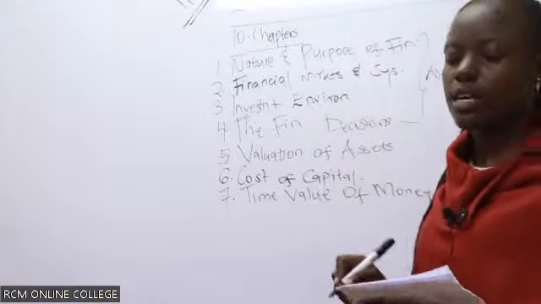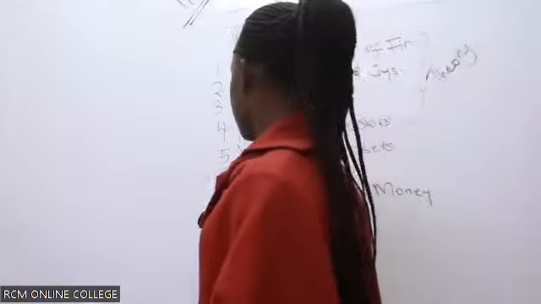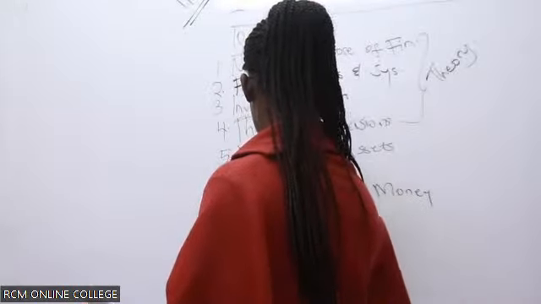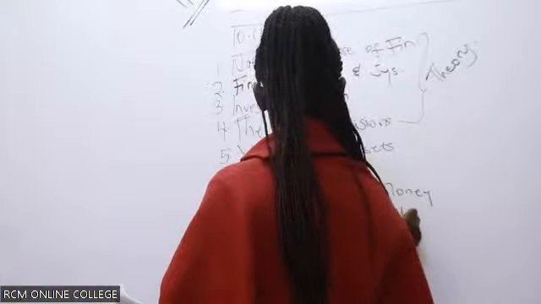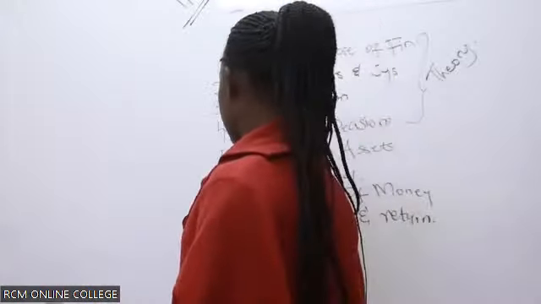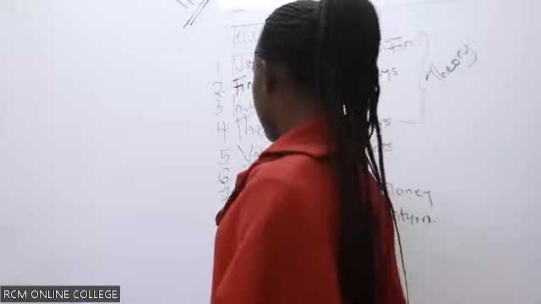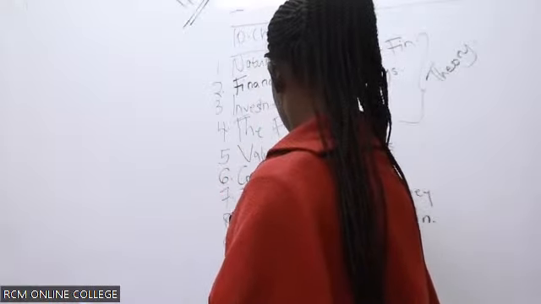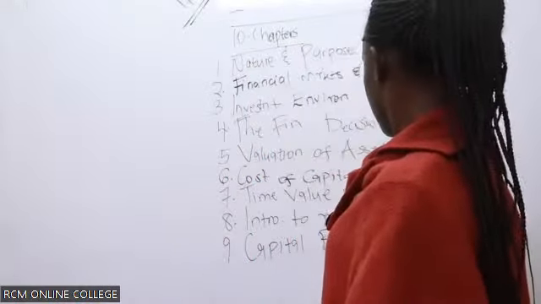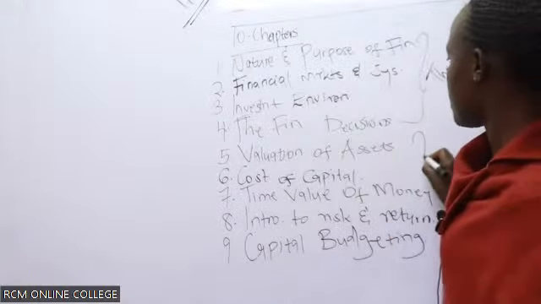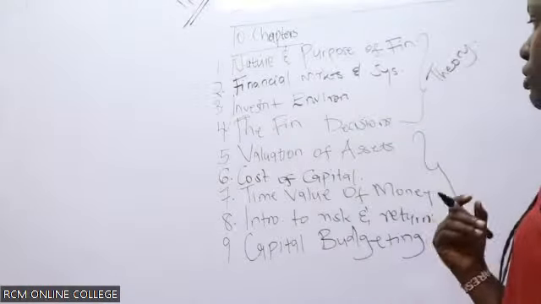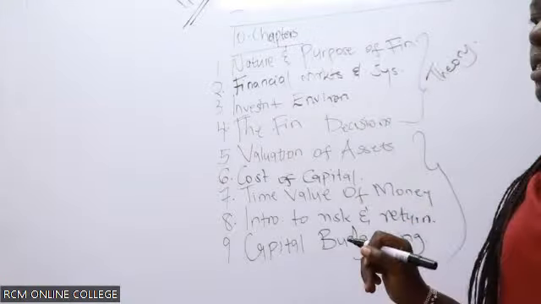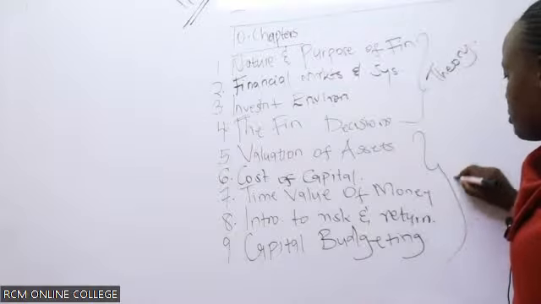Then introduction to risk and return. Then capital budgeting as our 9th chapter. These 5 chapters, valuation of assets, cost of capital, time value of money, introduction to risk and return, and capital budgeting, handle the calculation part.